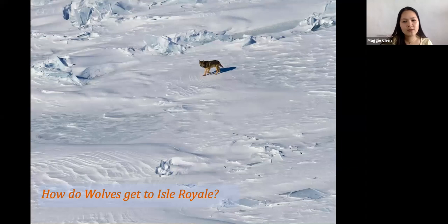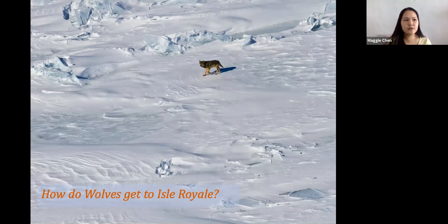Wolves crossed that bridge and found that in the middle of this winter, the moose didn't have a lot to eat, so they were slow moving, and the wolves basically had a lot of moose to eat. And that is how wolves were introduced to Isle Royale. And that is the very basics of this case study.